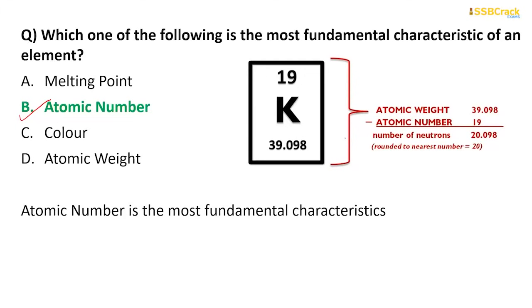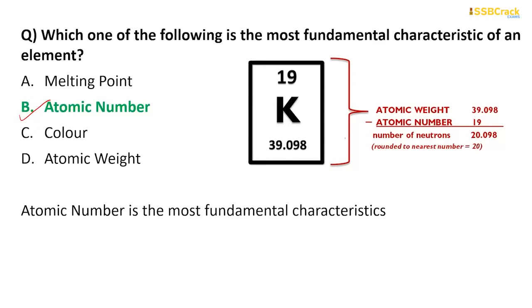So the correct answer for this question, the most fundamental characteristic of an atom or the element, will be the atomic number, which is nothing but the number of electrons or protons in a system. So that's why even the modern periodic table that we have is based on the elements arranged in increasing order of their atomic number. So that's why it's very fundamental.